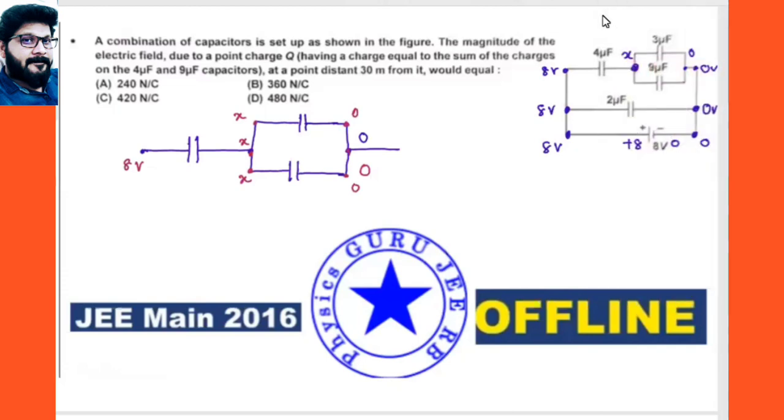Any doubts here? This is 4 microfarads. This will be 3 microfarads. Here 9 microfarads. So according to the nodal method, the sum of the net charges should be 0. That is Q1 plus Q2 plus Q3 is equal to 0.